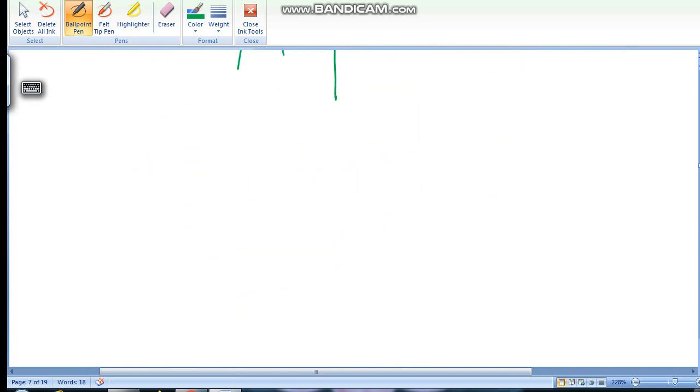Okay, now let's see the third one, the Bode plot for the right hand plane zero.